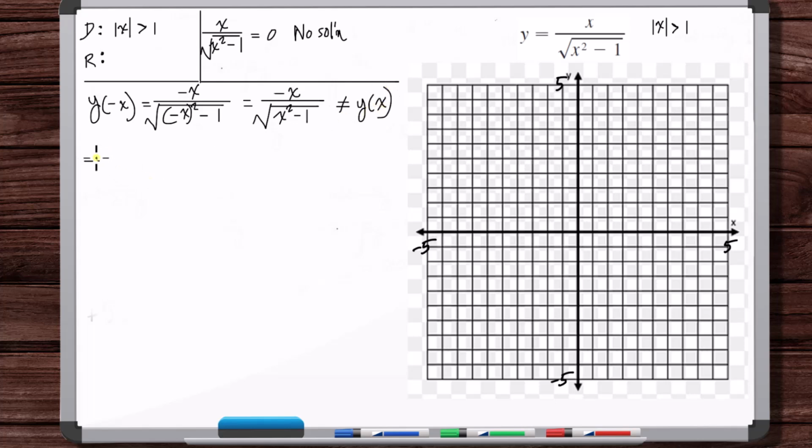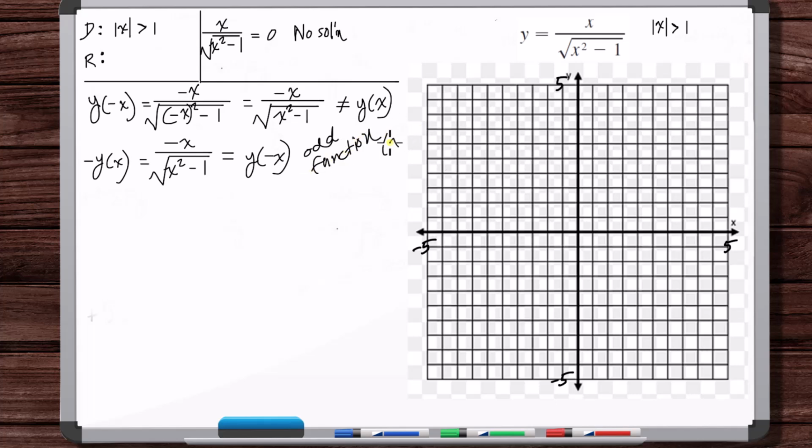Is this an odd function? Minus y of x is equal to what? Okay, this is equal to y of minus x. So this is an odd function.